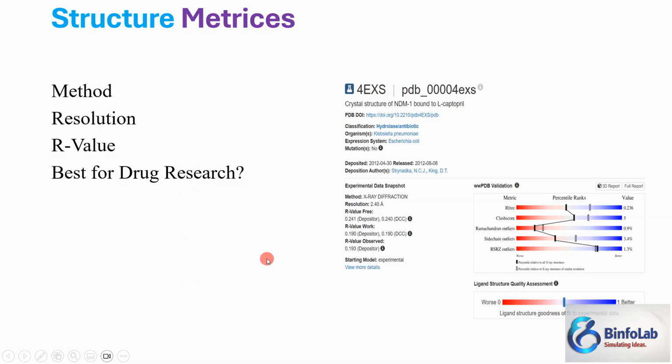Now, this is a screenshot I took from the PDB database for the PDB identifier 4EXS. You can see a DOI and a classification of the protein or the enzyme, the organism to which the protein belongs, the expression system in which this particular protein was expressed, and whether this protein contains mutations.